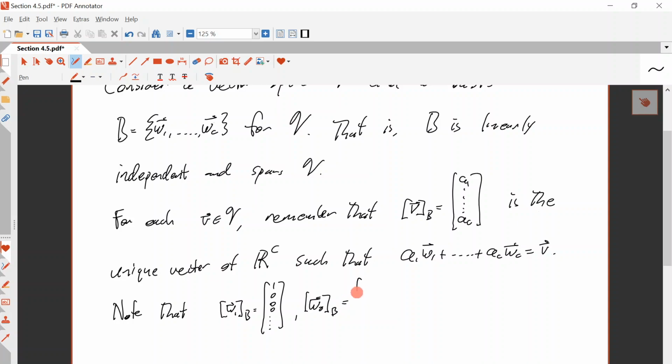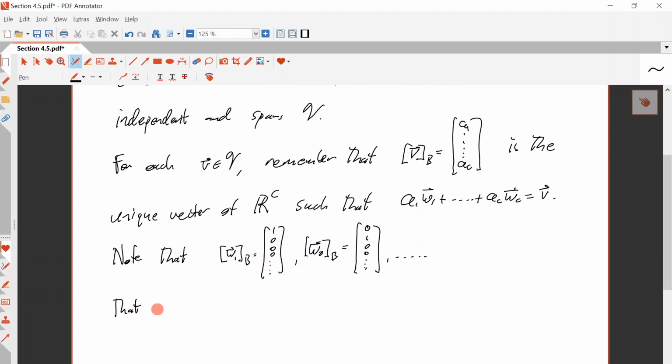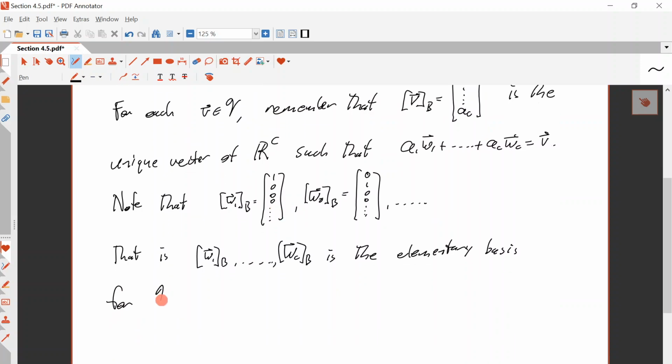The coordinates of W2 with respect to B are this, etc., etc. That is, W1B dot dot dot WCB is the elementary basis for V as a vector space in R to the C. So we have the elementary basis.